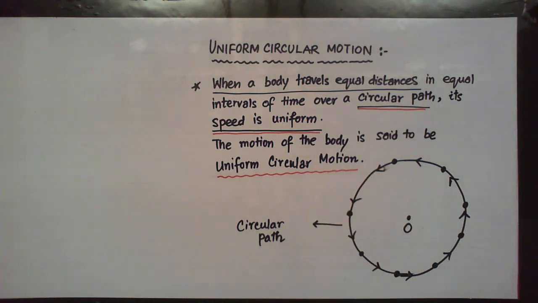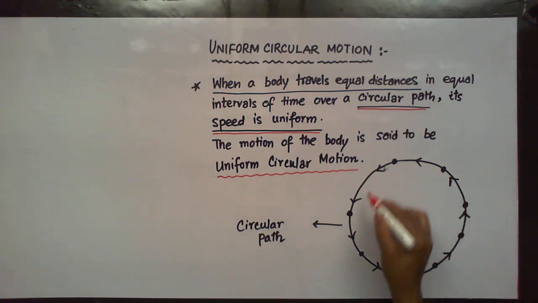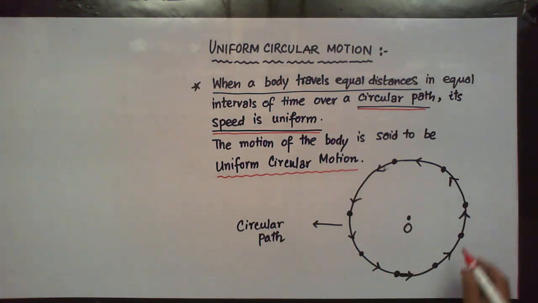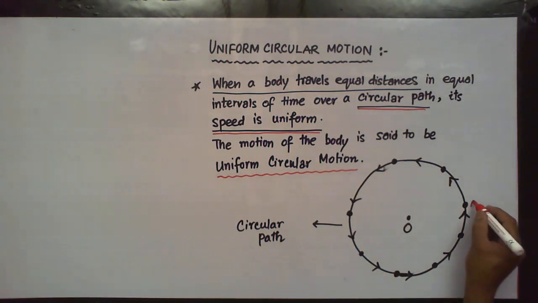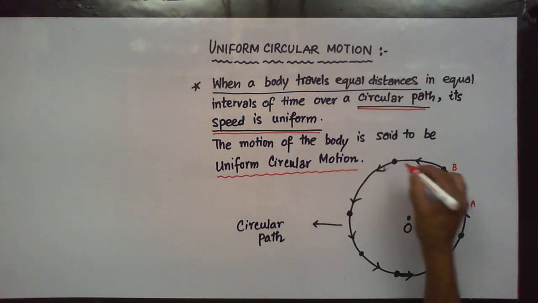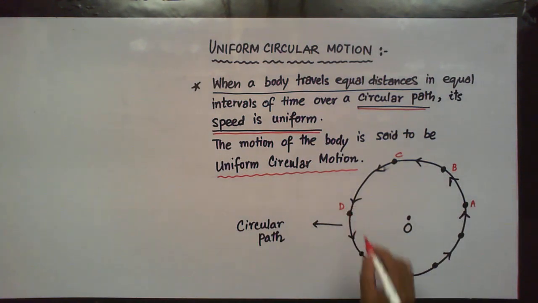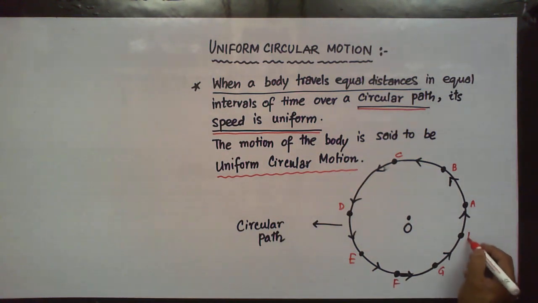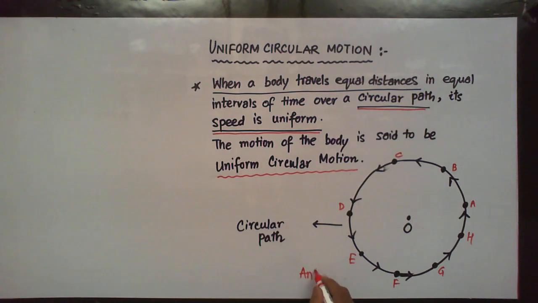When a body is moving in a circular path, let us say these are the positions of the body, and the body is moving in the anti-clockwise direction. Why do we call it circular motion?